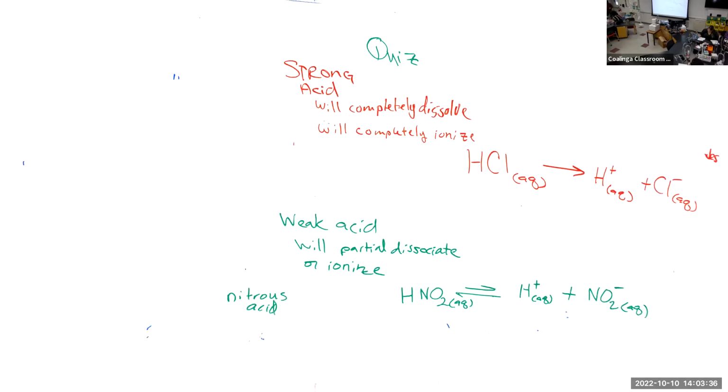Nitrous acid prefers to be together, rather than the H plus coming off of it. So it's going to have more of this species in solution than of the other. There are going to be very few of these in solution, but the majority of it is going to be this.